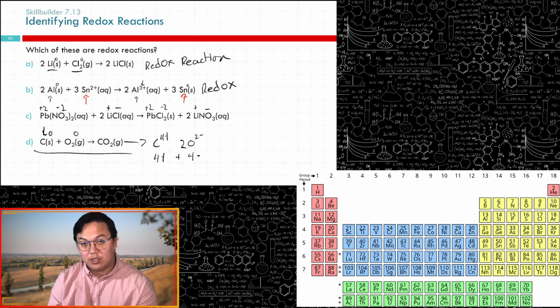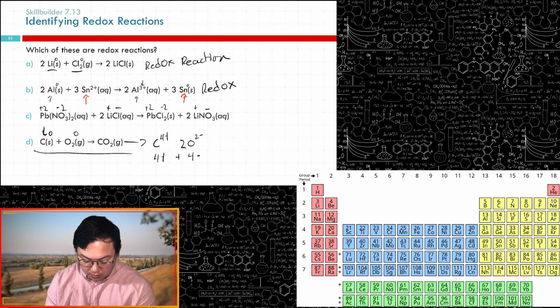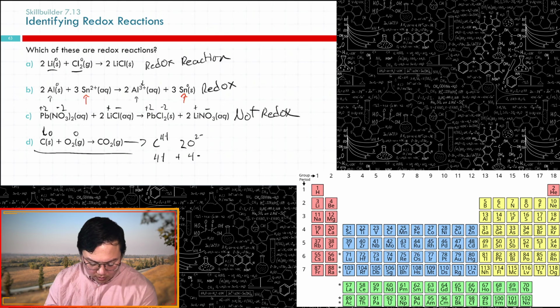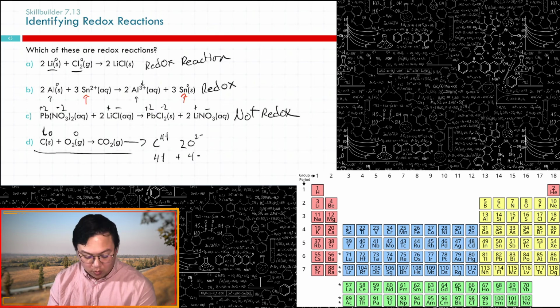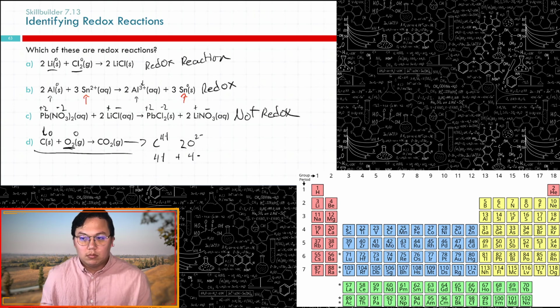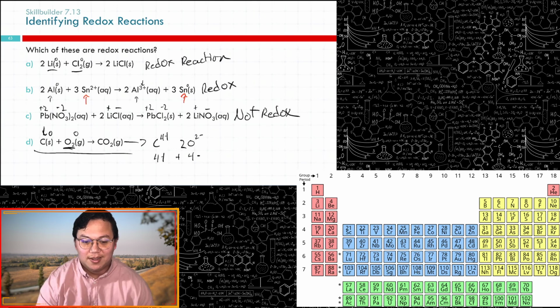We have no exchange of electrons, so this is not redox. And then we've already talked about this last one, but we're reacting with elemental oxygen, which is one of our simple rules. Good enough?